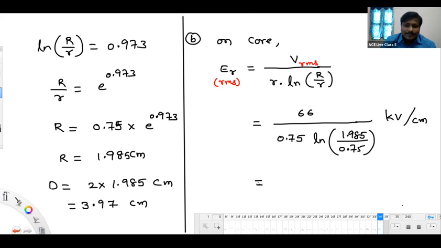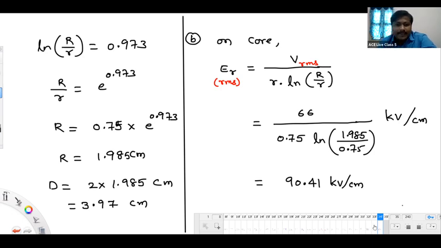How much is this? Anybody tell me please? 90.41 kV per centimeter. On the surface of the core, the electric field intensity is 90.41 kV per centimeter RMS. That's B.